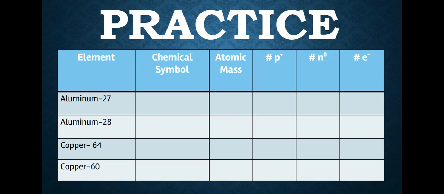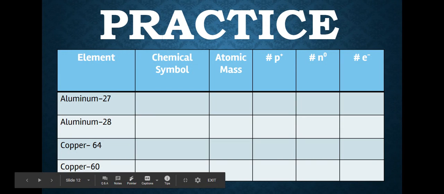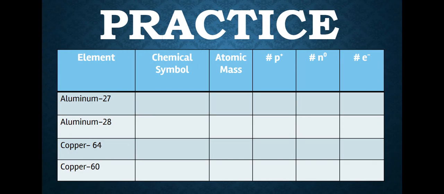I'll give you about 3 minutes to complete that. Great. Now that you've had time to practice filling in this chart, let's go ahead and compare and contrast our answers. This is what your chart should look like now.